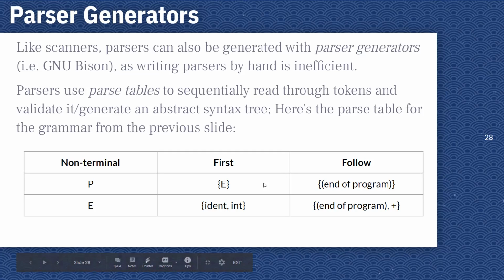But if there isn't, then we follow to the end of the program. And a similar thing happens here. For each expression, we can read an identifier or an int. And afterwards, we can either declare that the program has ended, or keep following through the plus token.